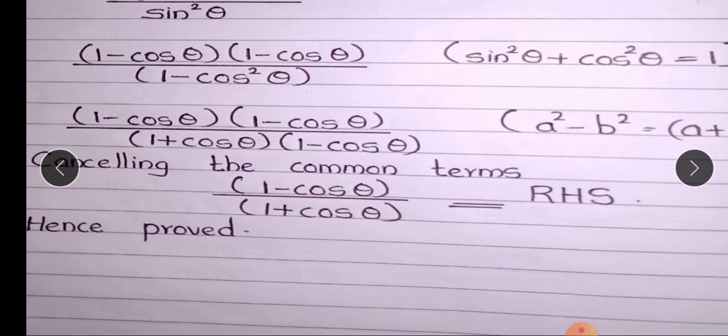So, in this question, which all identities we used? We used cos square theta plus sin square theta is equal to 1 and the algebraic identity a square minus b square is equal to (a plus b) into (a minus b).